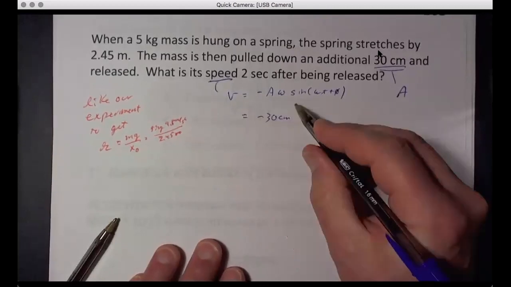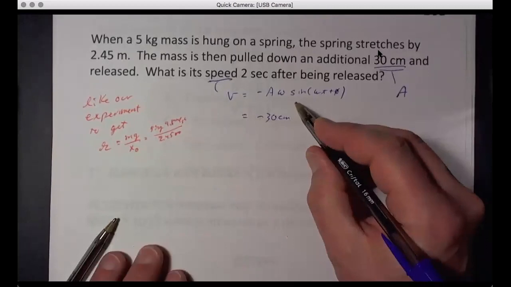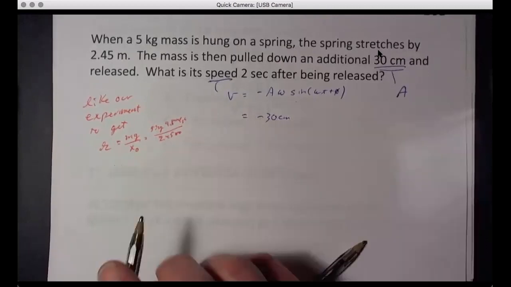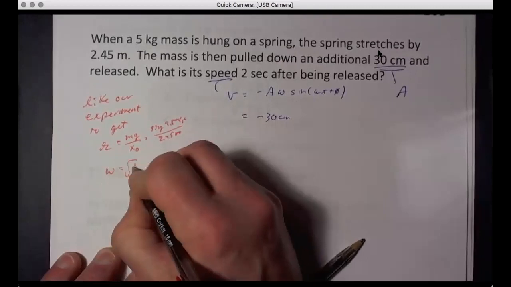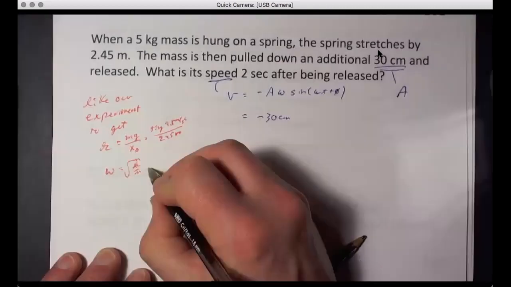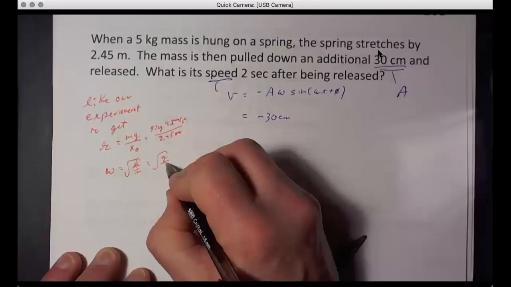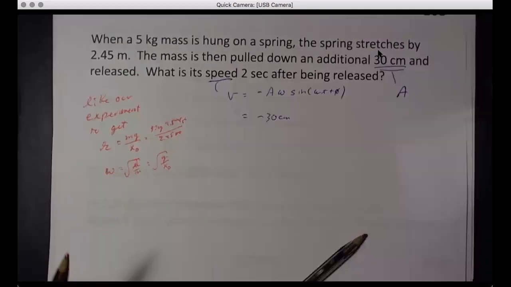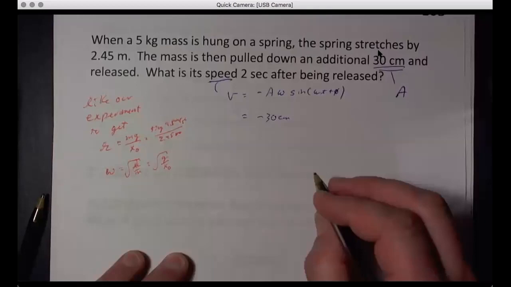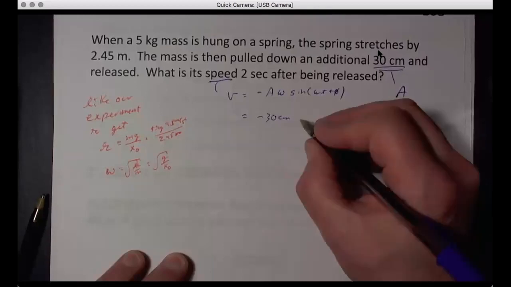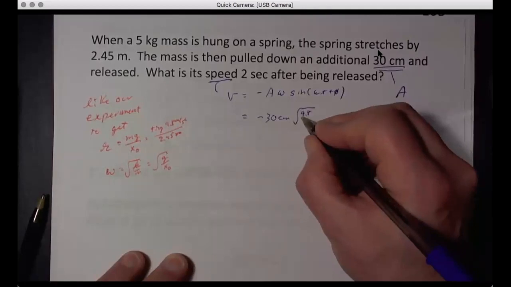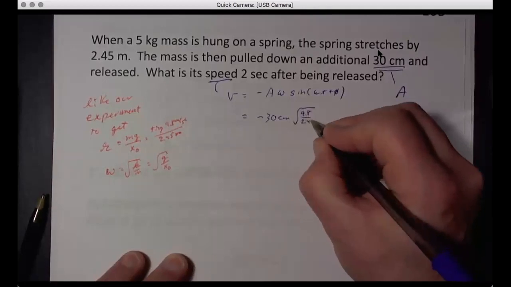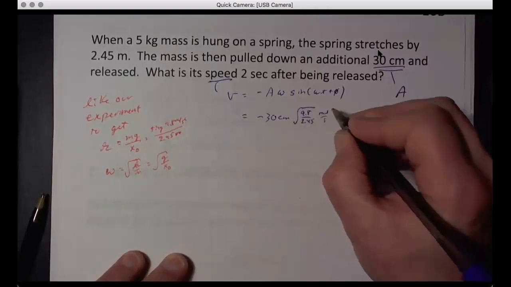Now remember, omega was equal to, we did this before as well, the square root of k over m, which is the square root of g over x naught. So this is the square root of 9.8 over 2.45, and that's in radians per second.